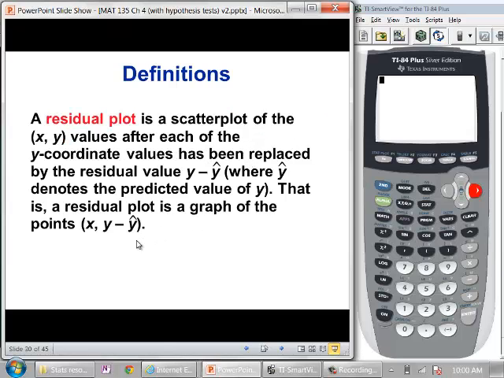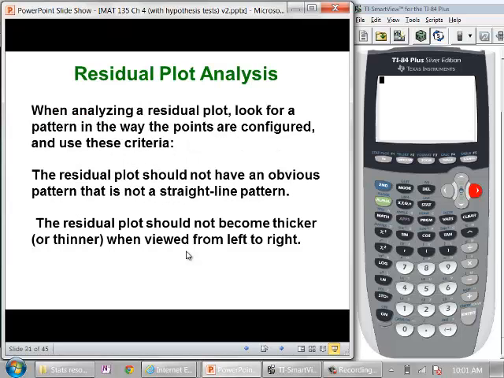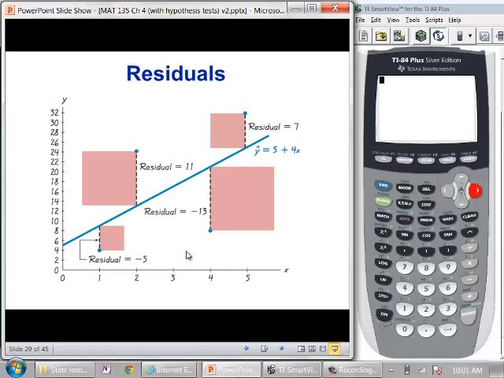Now, when we do a residual plot, that means that we're taking the x values from our data points, and then instead of plotting the y values, we're plotting the values of the residuals. So for instance, if we go back to this picture, if we were going to do a residual plot for this, then for this point, instead of the point 1, 4, we'd have the point 1, negative 5.